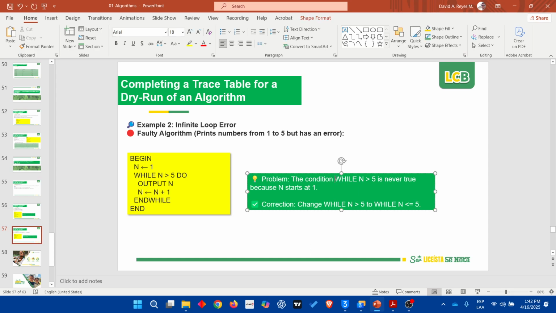The condition says you are going to show the numbers while n, which starts at 1, is greater than 5. So 1 is always less than 5, so it is never going to be true. To correct this, you need to change it to this one: while n is less than or equal to 5.